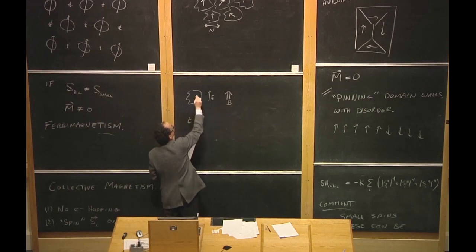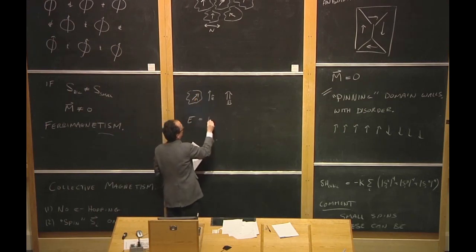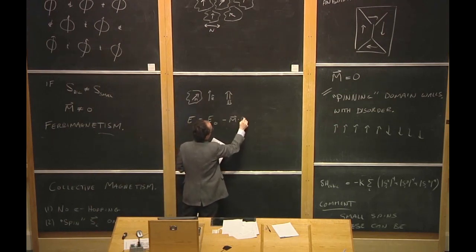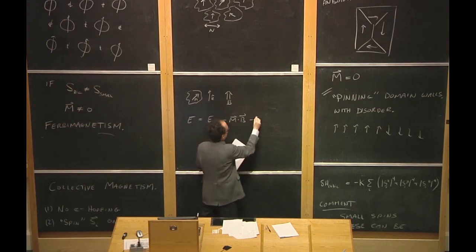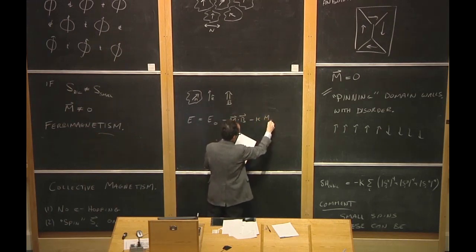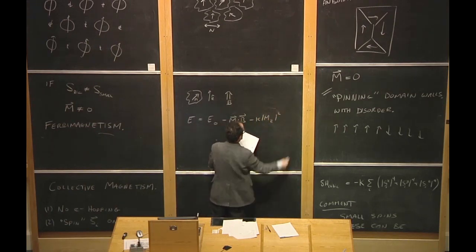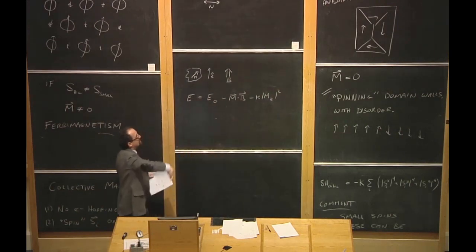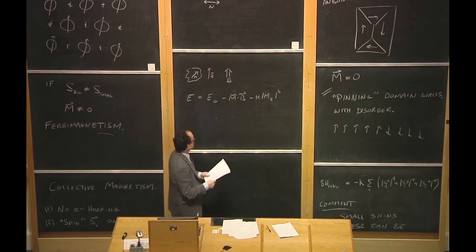The magnetic moment can be pointing in any direction we like. The energy of that crystallite is some E naught, minus m dot b, and then there's the anisotropy energy, minus kappa mz squared, that wants the magnetization to point either directly up or directly down.